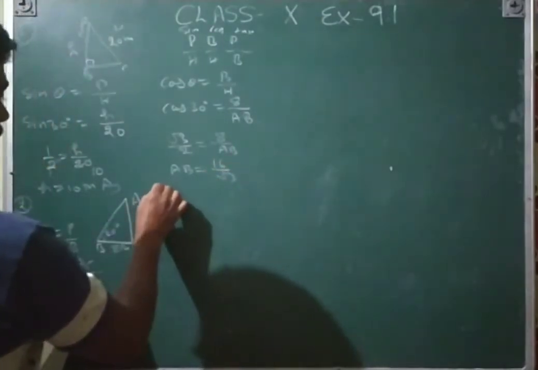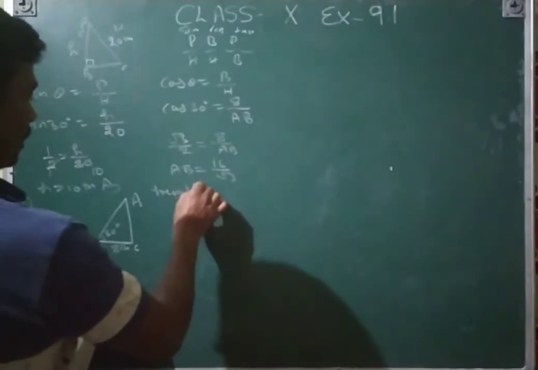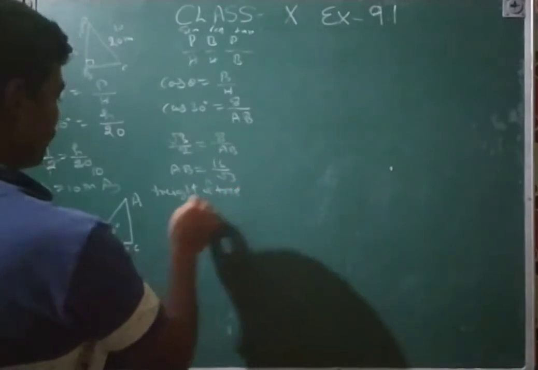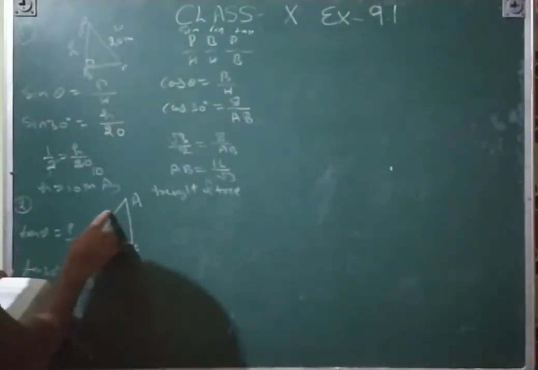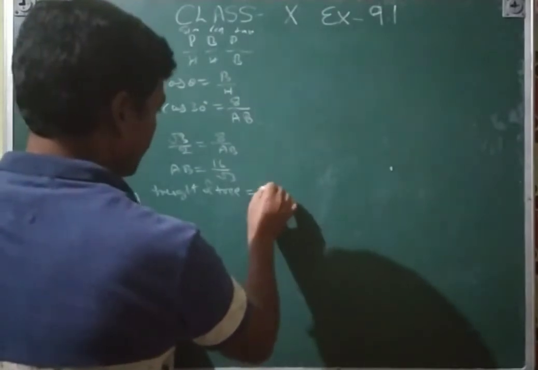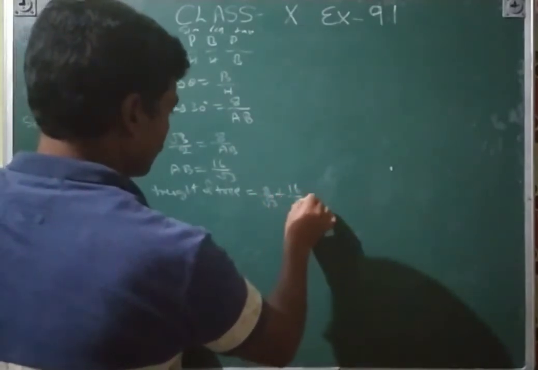Now the height of the tree. Both parts are the tree, so add both: 8 upon root 3 plus 16 upon root 3.